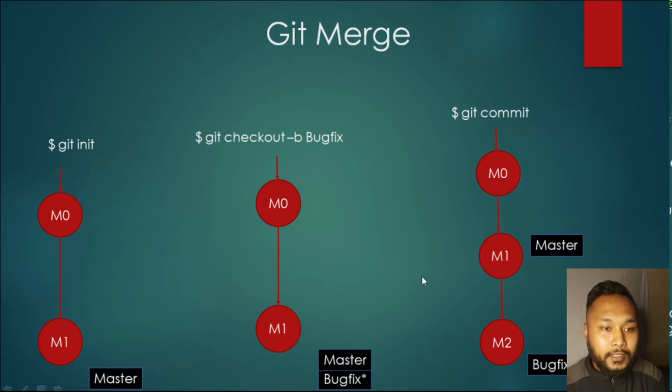And while we make some changes and commit in the bug fix node, it's separated in a linear way from the node M1 master to the node M2 bug fix.